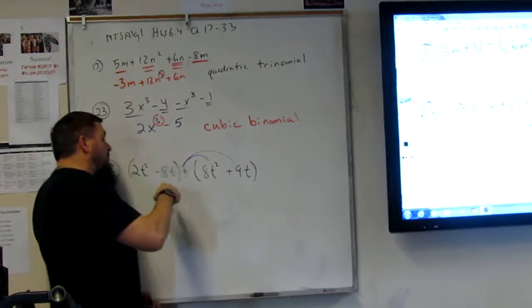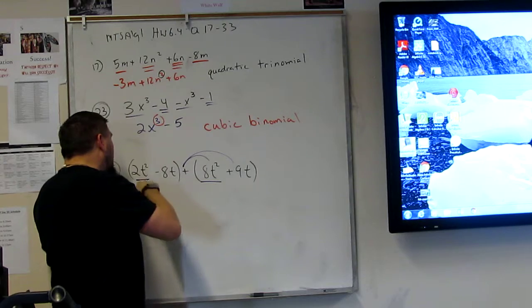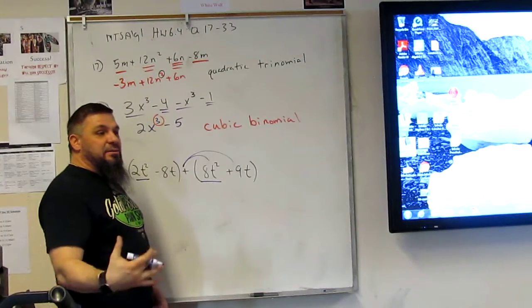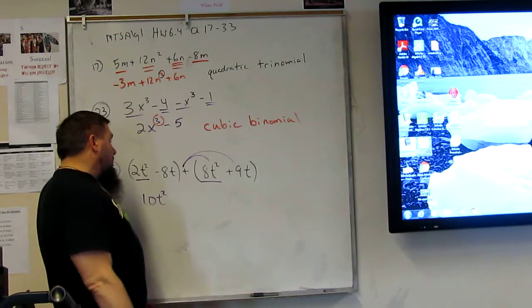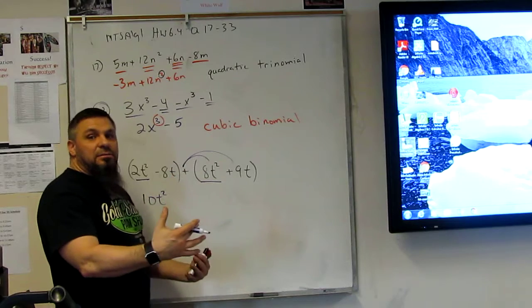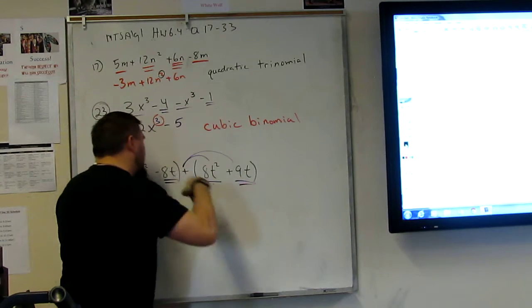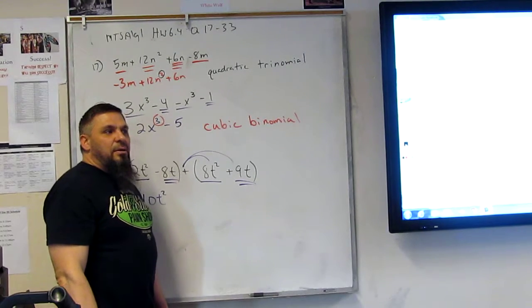All I'm doing is saying, well, I'm going to add my squares. So I've got my 2t squared and my 8t squared. So 2 and 8 is 10. So 10t squared. And now I'm going to add my t's. So my t's, I have a negative 8t and I have a positive 9t, right?